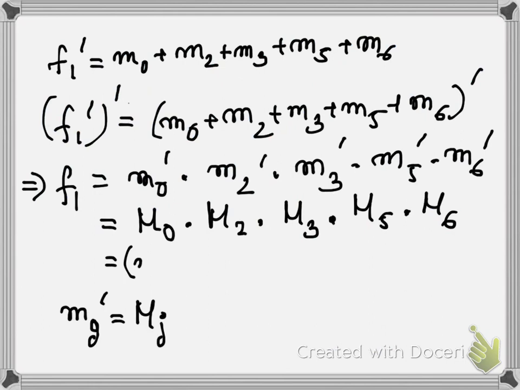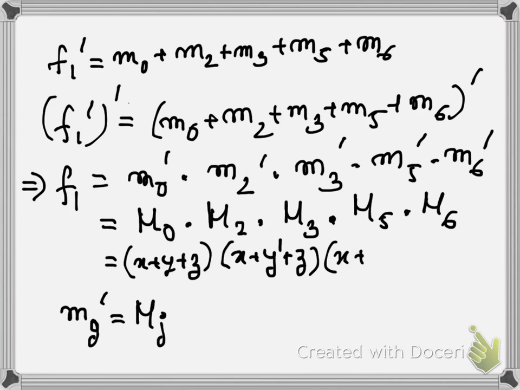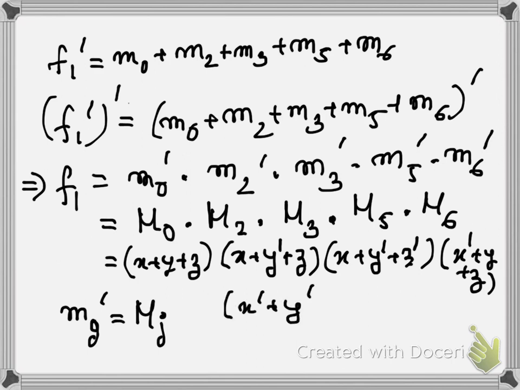M2, you can check from the table, would be x plus y dash plus z. M3 would be x plus y dash plus z dash. M5 would be x dash plus y plus z, and M6 would be x dash plus y dash plus z.